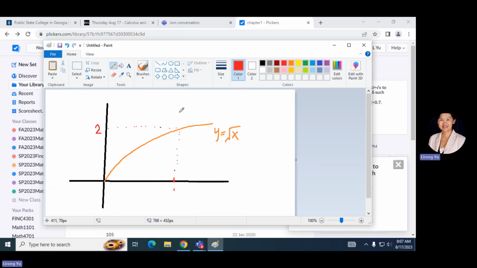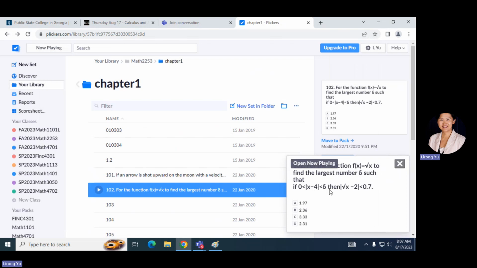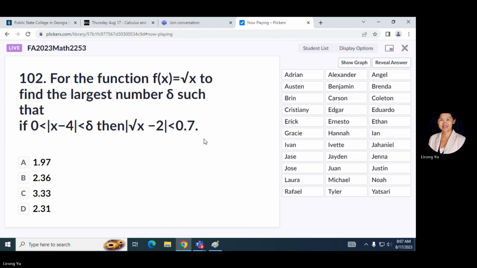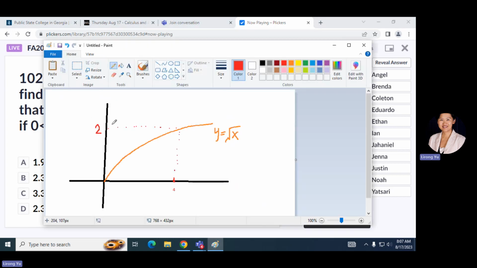So now we have a targeted epsilon. In this case, the distance between root of x and 2 is less than 0.7. So you're staying within a 0.7 radius of 2. You can be higher than 2 by 0.7, that would be 2.7, or lower than 2 by 0.7, that would be 1.3.